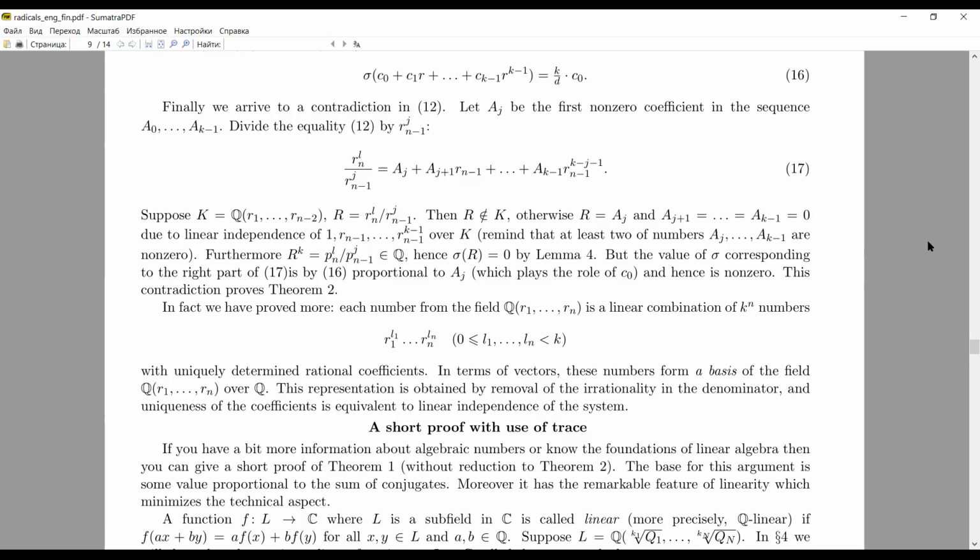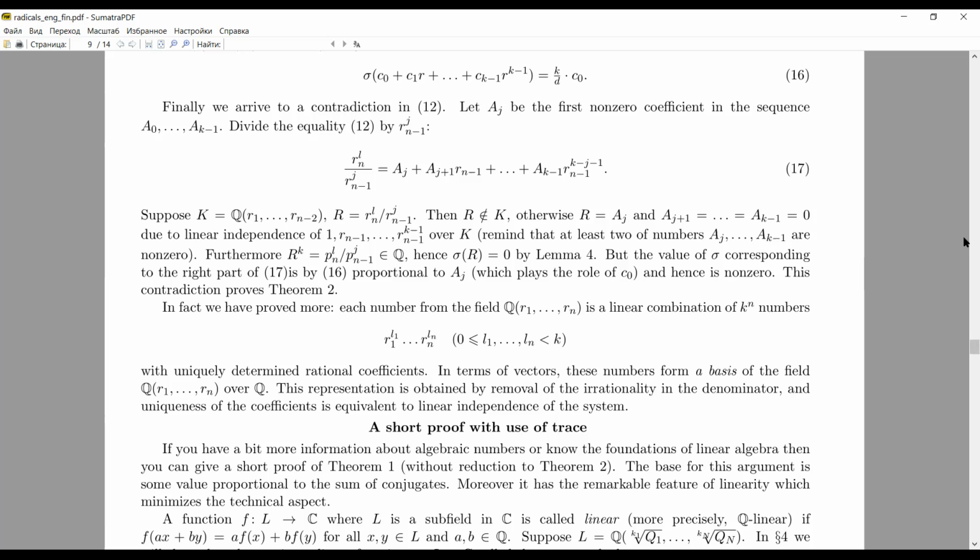So it means that the sum of conjugates of this number equals 0, because there is a minimal number m such that R^m belongs to k, and in this case the binomial x^m minus R^m is irreducible over k, and so this is the minimal polynomial of R, and so sigma of R, the sum of conjugates, equals 0.